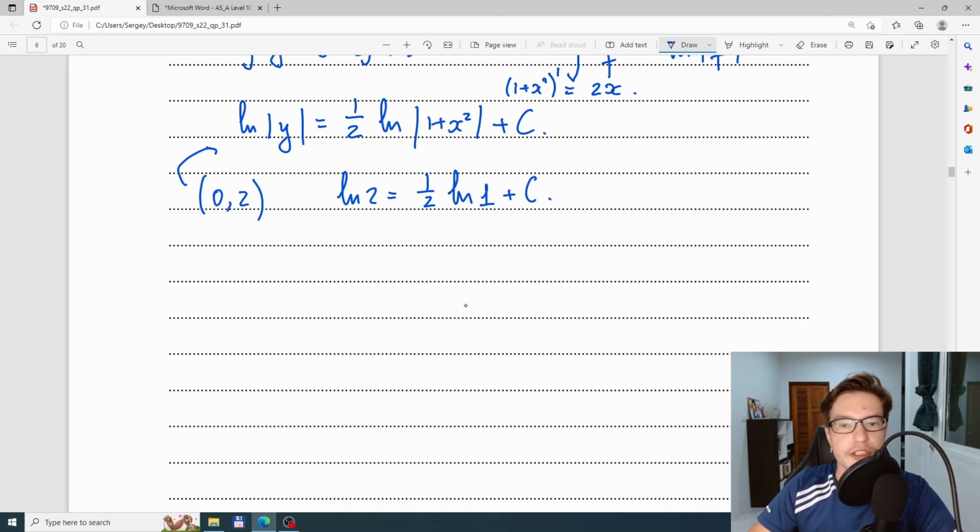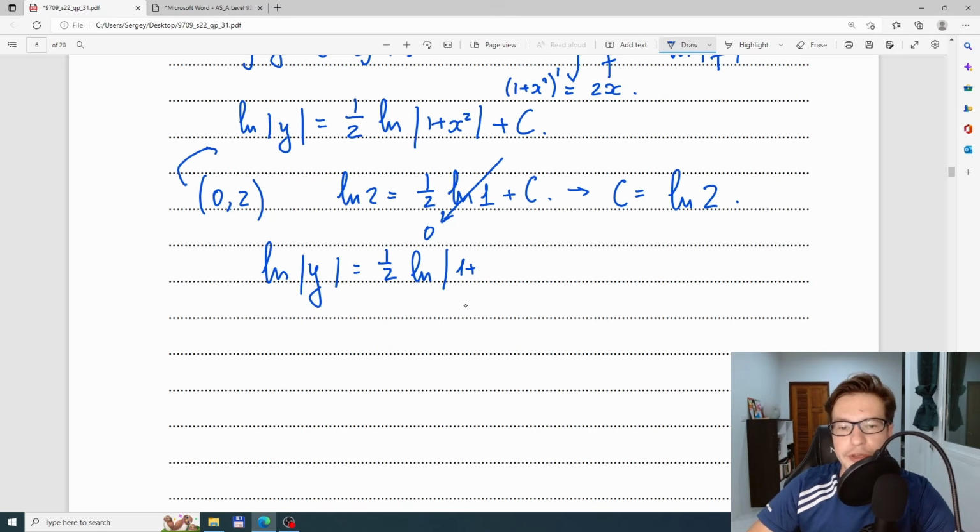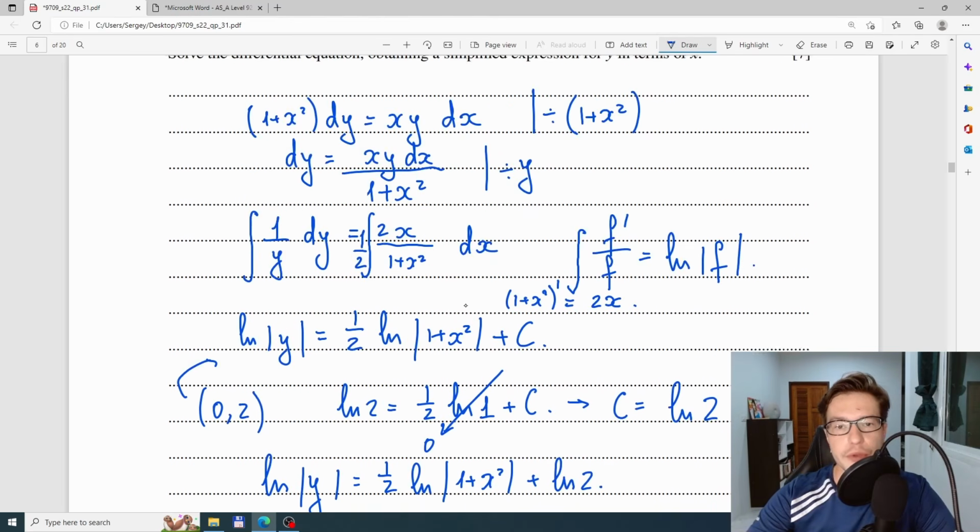Now, natural log 1 is 0, so that goes away, and we get c equals log 2. Now, let's put it back into the equation. Log y equals 1 over 2 natural log 1 plus x squared plus log 2.